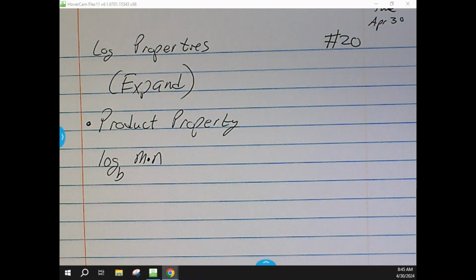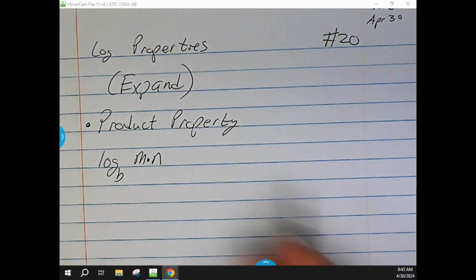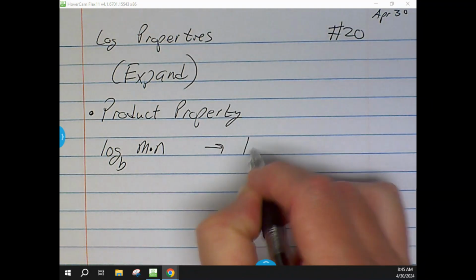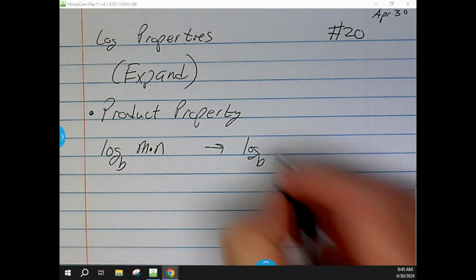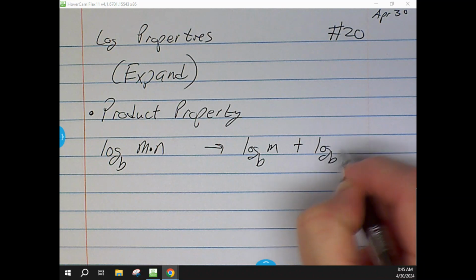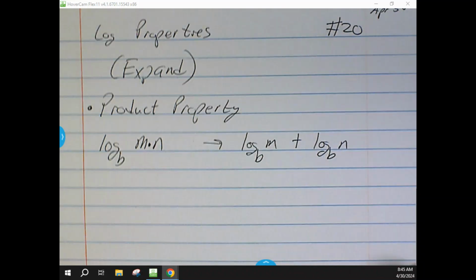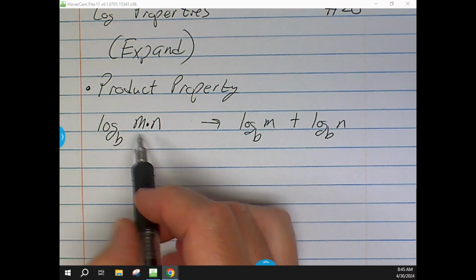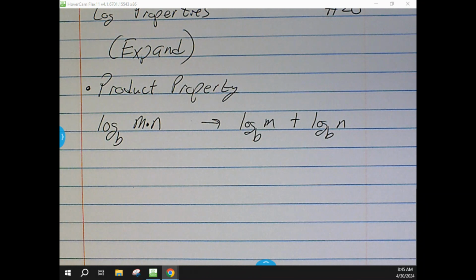So if you've got log of m times n, two things together, to expand it, you make it the log, and the base will stay the same, log of m plus the log of n. Well, m and n are just two different numbers, and we'll show you an example of these in just a second.